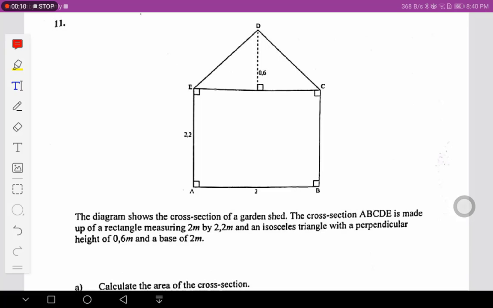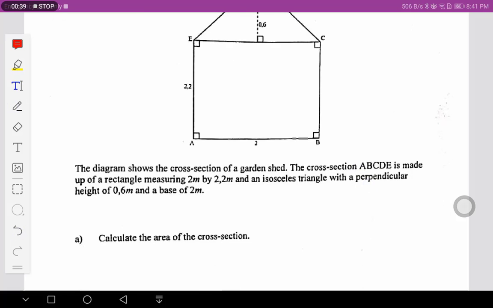The cross-section ABCDE is made up of a rectangle measuring 2 by 2.2 meters, and then an isosceles triangle which has got 0.6 perpendicular height and 2 base there. Okay, so basically what it means is 2 here, 2.2 here. Okay, like that. Okay, fine. Let's have that information and go on.